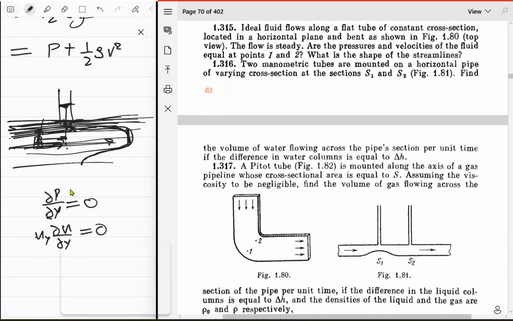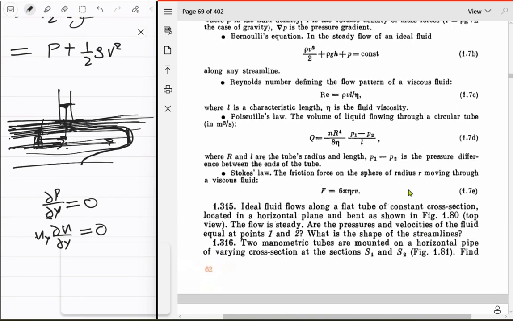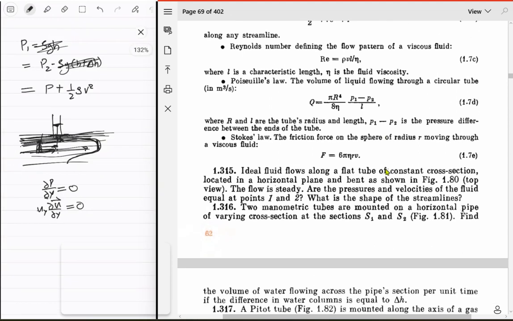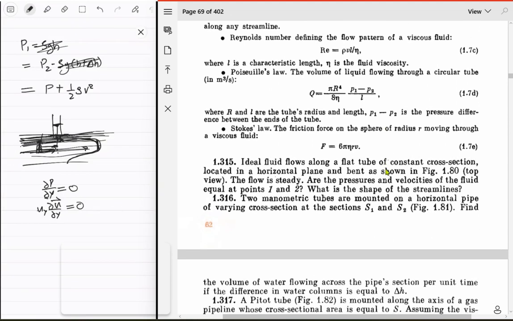Oh, it should be u vector, sorry. This was actually 0 because even though there's a changing u vector, there's no y component, and u_y by itself is just 0. So that will be 0 in any case, which means that whatever hydrostatic pressure is over here, it's the same hydrostatic pressure at this point. So the manometer still works out.